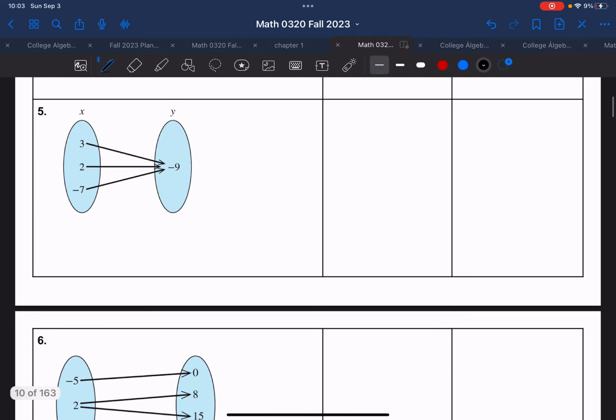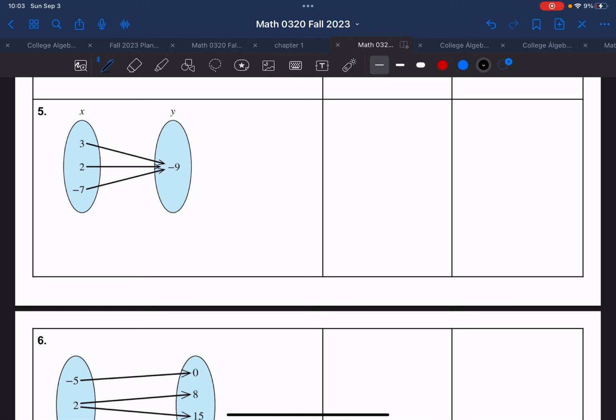Now looking at example 5, we're going to look at maps. So notice that in that first oval to the left, that is representing our X's. So our X values here are 3, 2, and -7. And then in that second oval, that is representing our Y's. So first what we're going to do from this map is we are going to turn this map into ordered points.